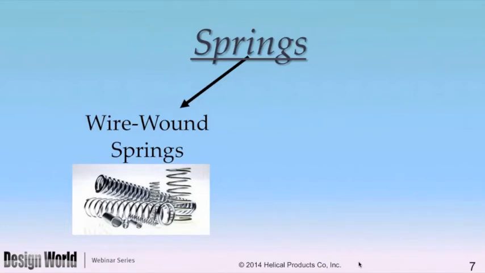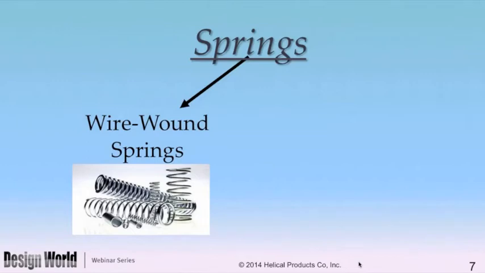There are wire forms with hooks and loops and all kinds of variations. There are also flat wire forms, which include negators and spirators, and those are kind of spring motors. This list is not complete. There are many ways that the people making wire product can bend their wire in creative ways to do just what we're trying to accomplish.